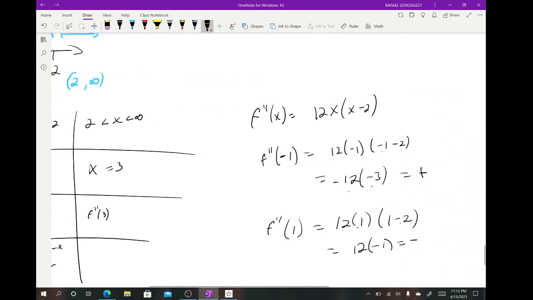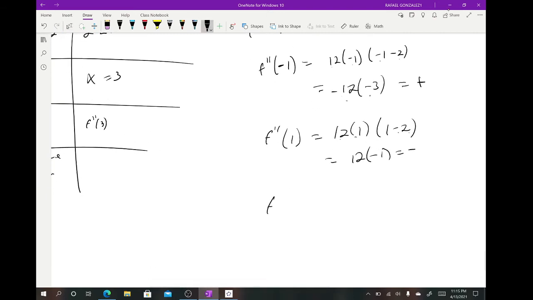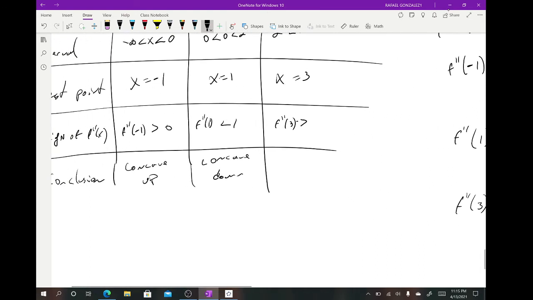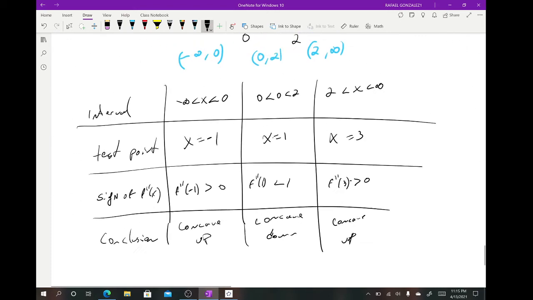And finally, f double prime of 3: we have 12 times 3 times 3 minus 2. 12 times 3 is 36, and there's going to be 1, so it's a positive number. So we have concave up again. And that's it. That's what we had to do.